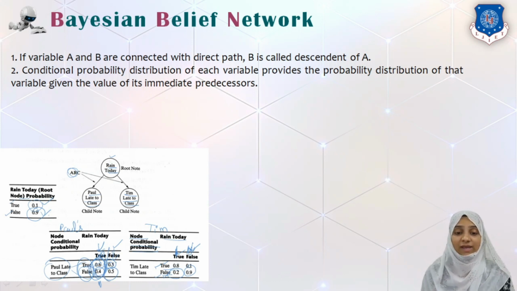So in either case, when Paul is getting late for class, yes and no, the probability summation is 1. In this case also, the probability summation is 1. Over this side also, Tim can either get late to class or not, and the summation of the two outcomes of an event is always 1. Similarly, for this column also, the summation of outcomes of a particular event is always 1.